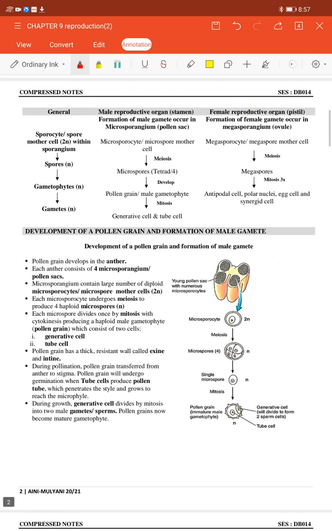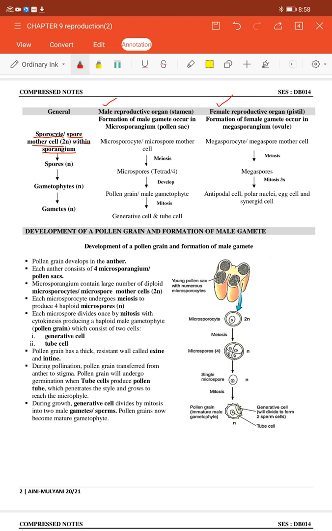So this is the overview of the reproductive system that occurs for the male plant and the female plant. Generally it involves a sporocyte, or a spore mother cell, which is 2N, and this cell is located within a sporangium.